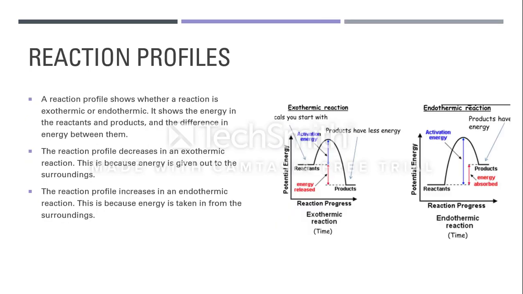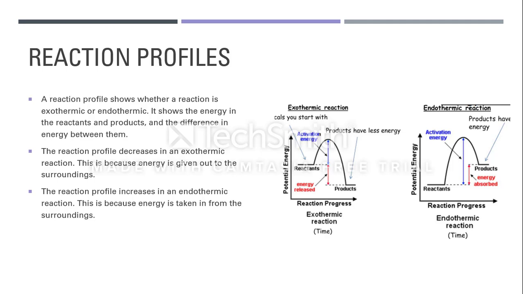Reaction profile. A reaction profile shows whether a reaction is exothermic or endothermic. It shows the energy in the reactants and the products and the difference in energy between them. So for an exothermic reaction, in the reaction profile, there's a decrease in the energy released.